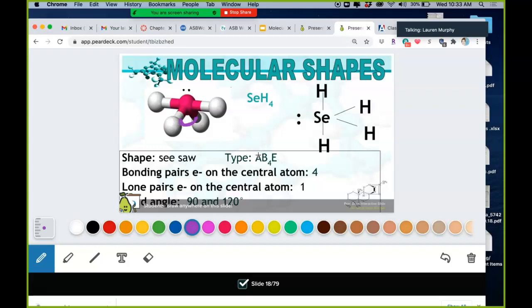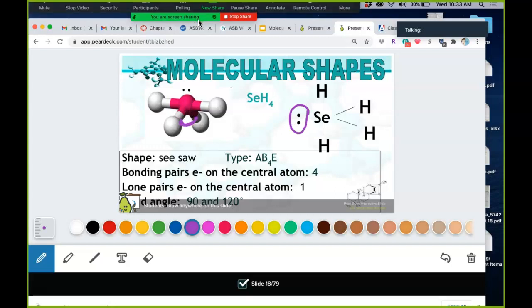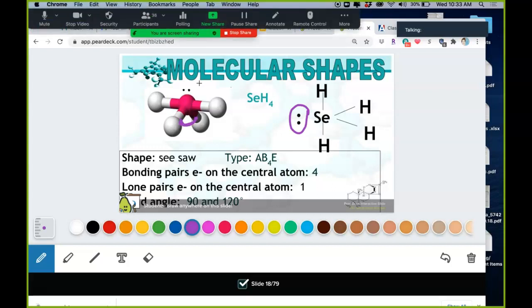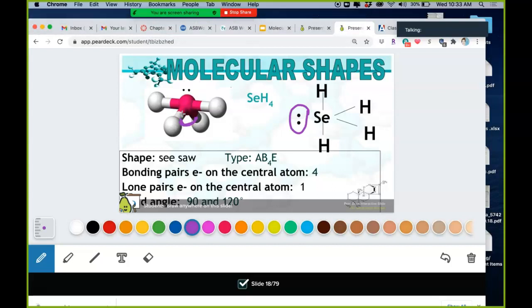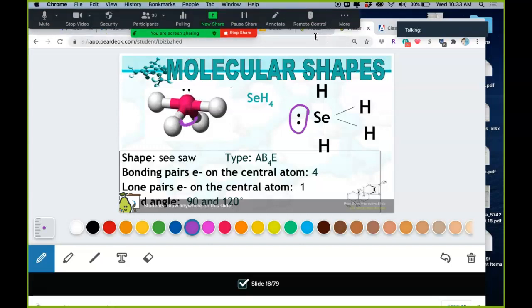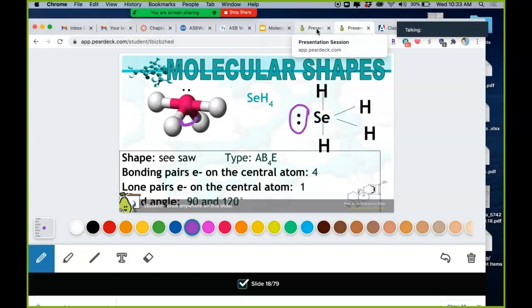Again, 5 groups of electrons, but now one of them is a lone pair instead of a bonded pair. Any questions about seesaw? All right.